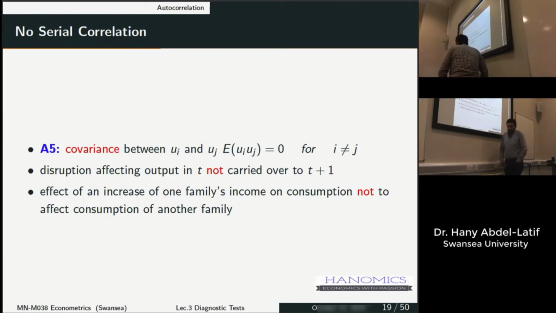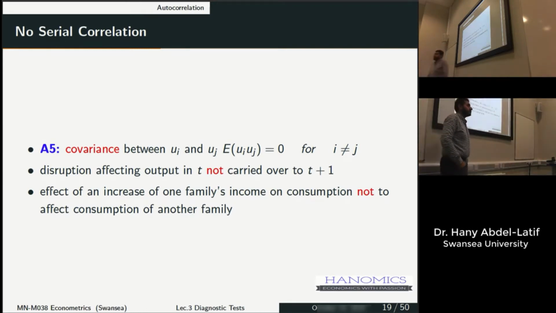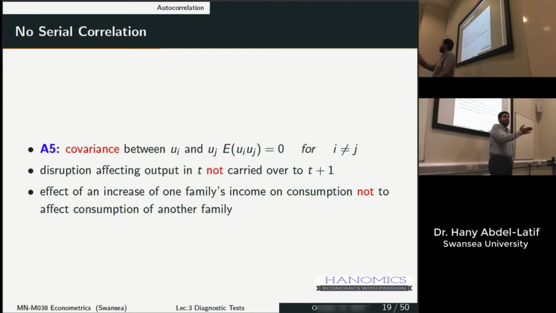That means if we had a disruption in output because of some sort of strike this week, this shouldn't affect the output for the next period, if you're talking about monthly data, let's say next month.